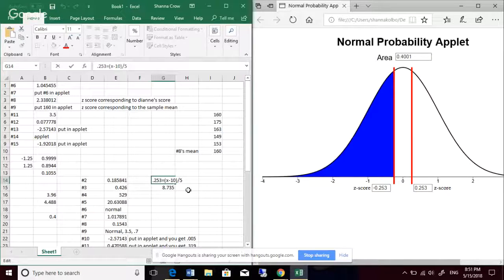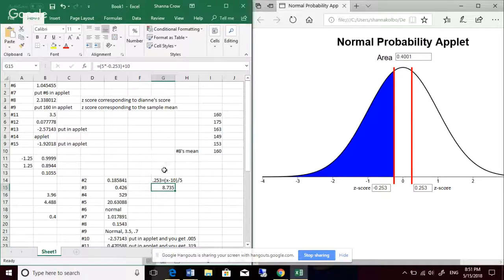Yeah. Negative 2.53 times 5 equals, plus 10. 8.735.